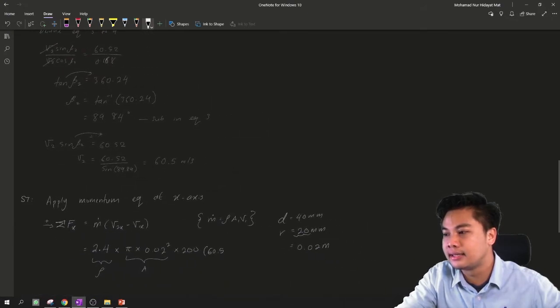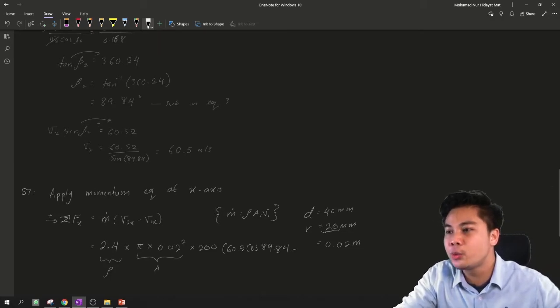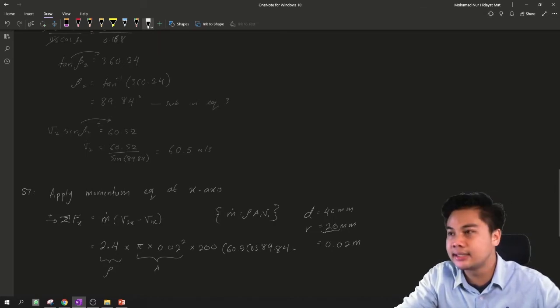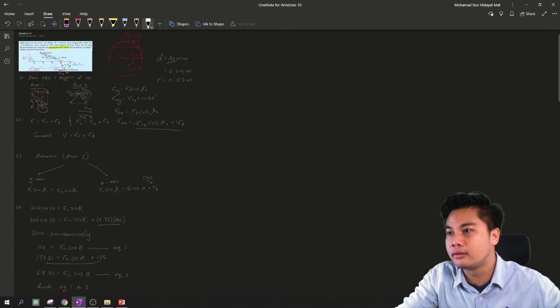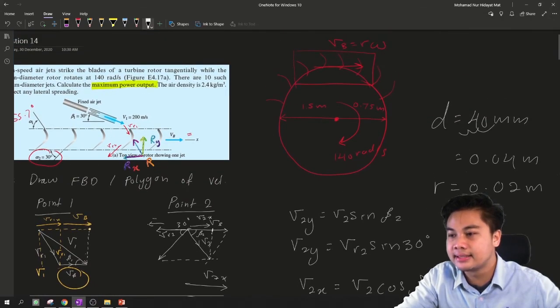So cos 89.84 minus V1x. Our V1x here is 200. We look at point 1, V1 is 200. We need to find this angle, and it is given that it is 30.